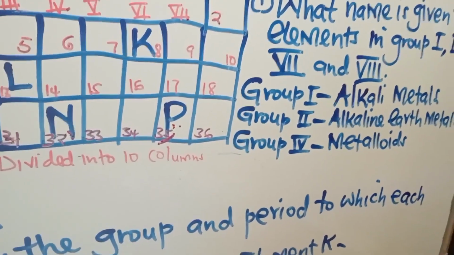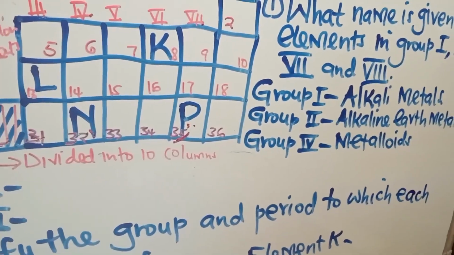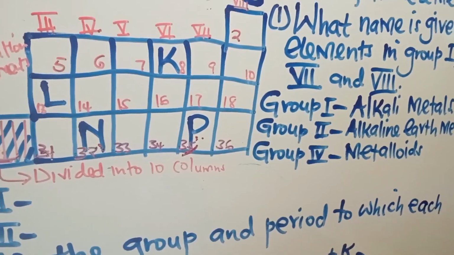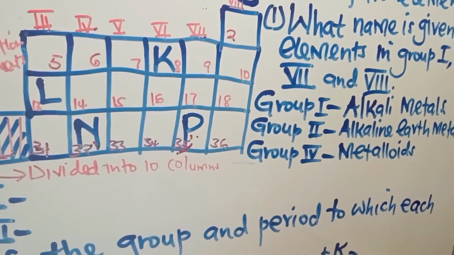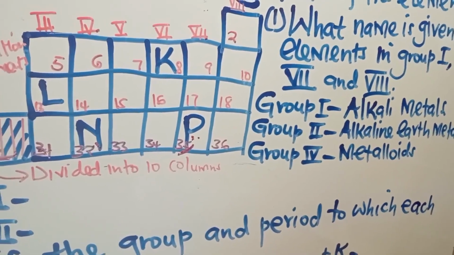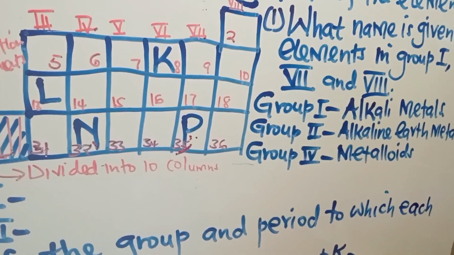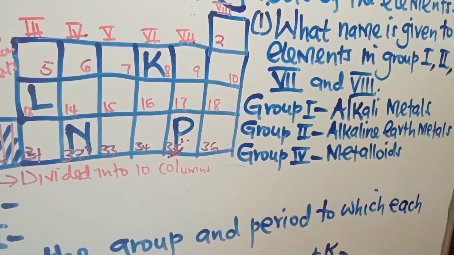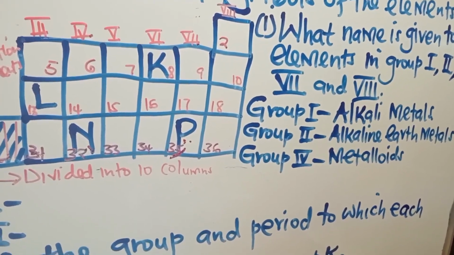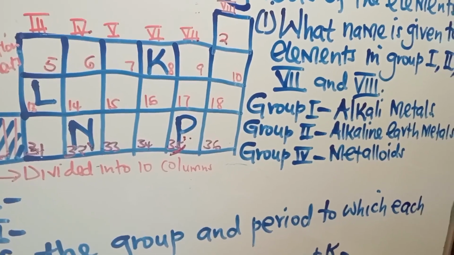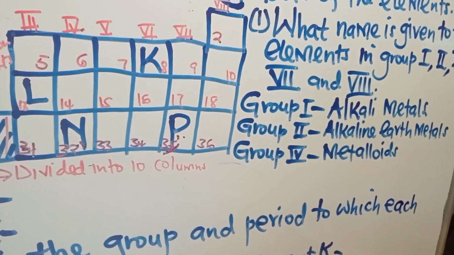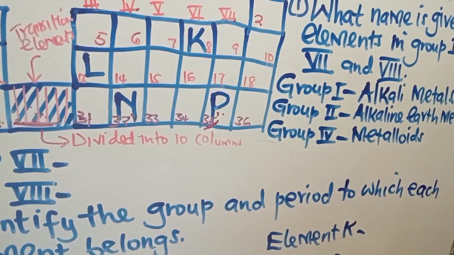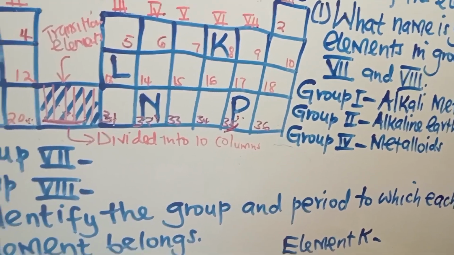When you're writing the electronic arrangement for group 4, they have 4 electrons in the outermost energy level, and during structure and bonding, group 4 elements can either gain, and when they gain, they behave like non-metals, or they can lose the 4 electrons, and that way they behave like metals. So you see they are in between. They behave as both metals and non-metals.